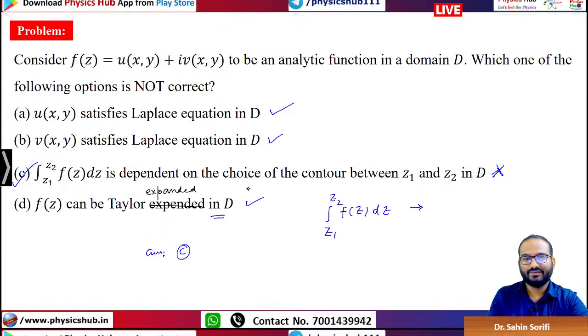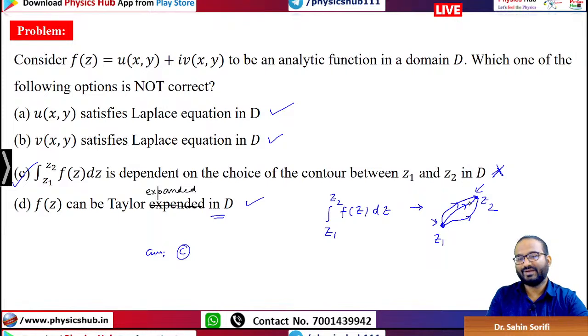It does not depend on the contour between z1 and z2. It means if you have z1 here and z2 here, this integration value will depend on z1 and z2 only. If you take this path or this path or this path, for all the paths the value of the integration will remain the same.